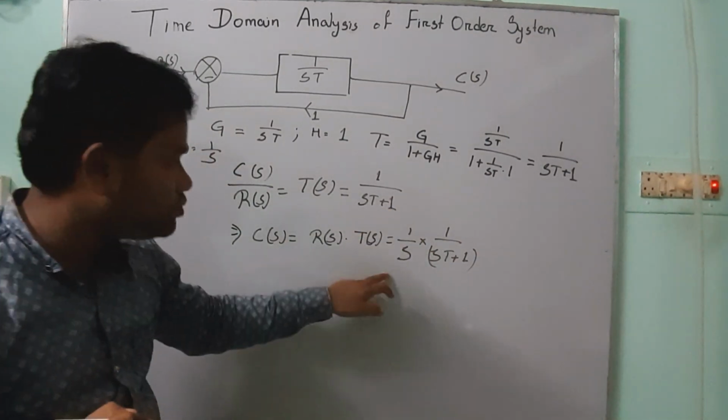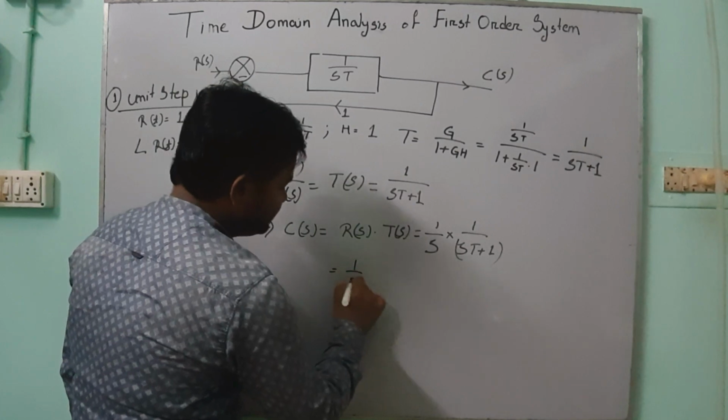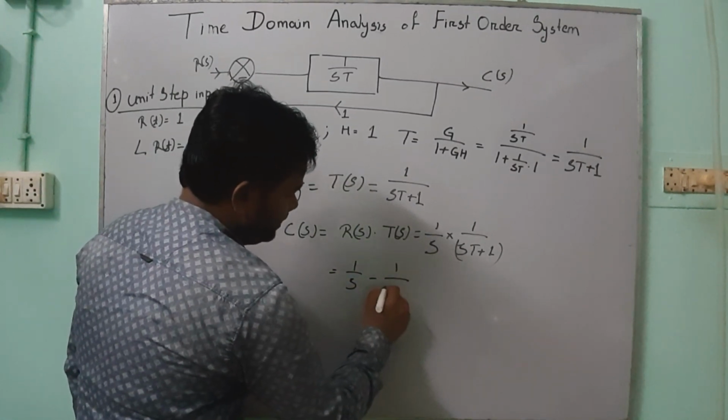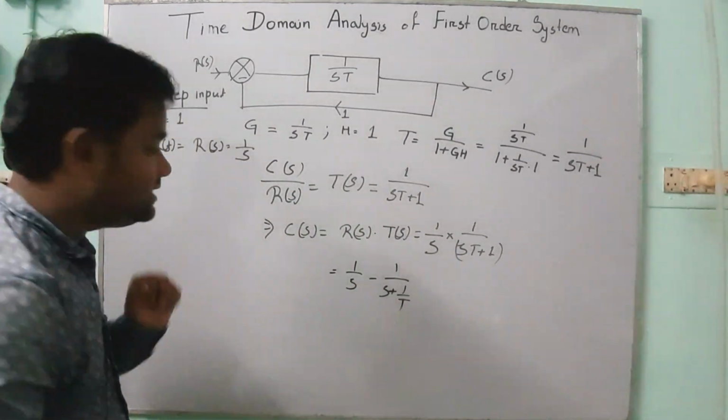If you simplify this, we get 1 by s minus 1 by s plus 1 by T. This is C of S.